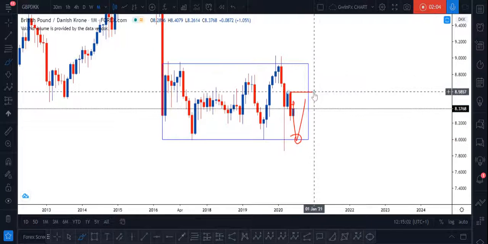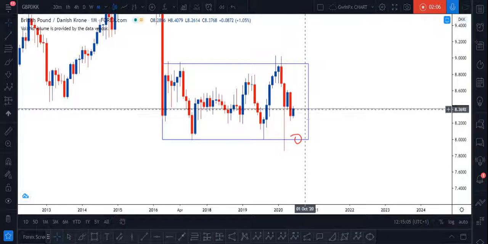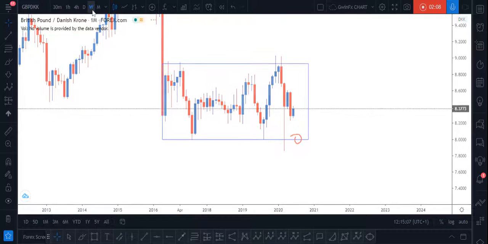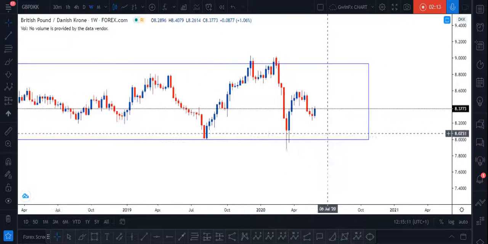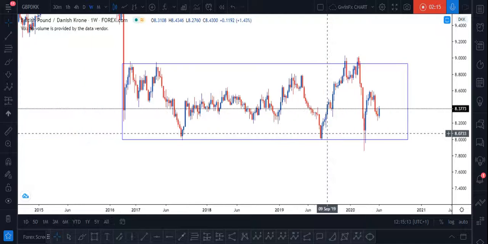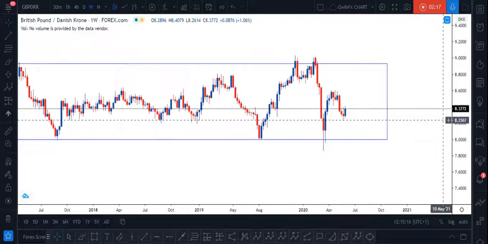But what is the situation we have at the moment? From the weekly time frame, what conclusions can we draw from the weekly and also the daily time frame?